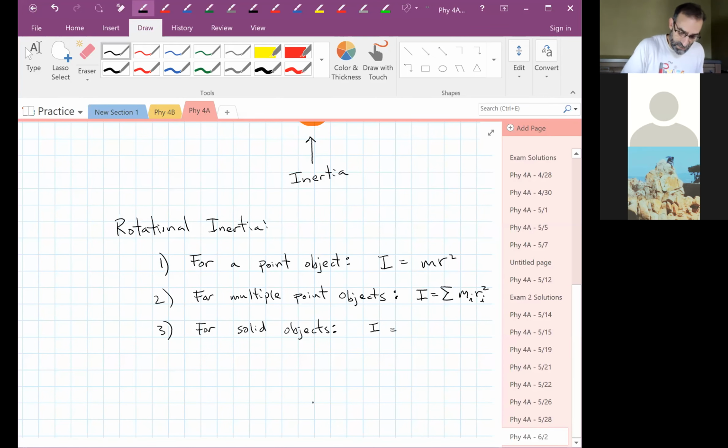And that's an integral. So we saw dm when we did center of mass. We learned how to convert that into something we can integrate over, and we're going to use it again now to find the inertia of our solid objects.